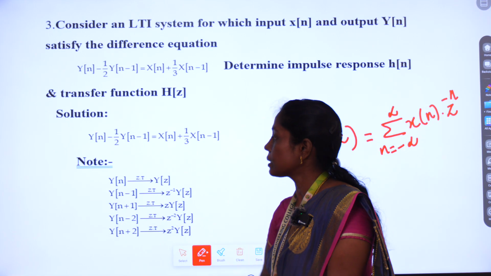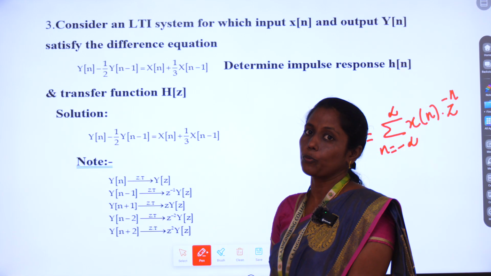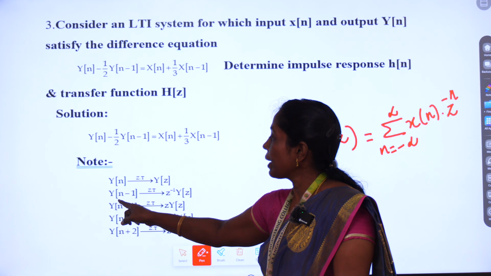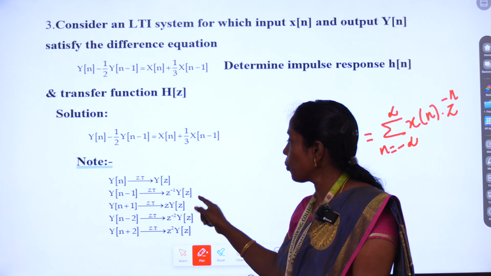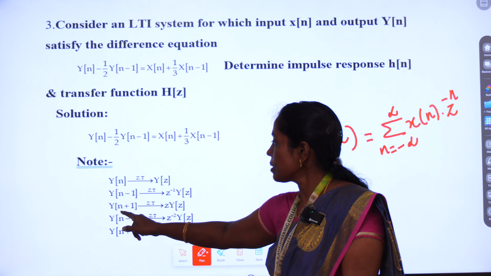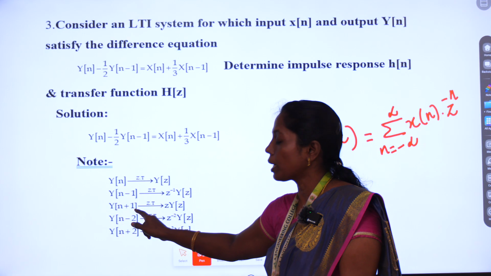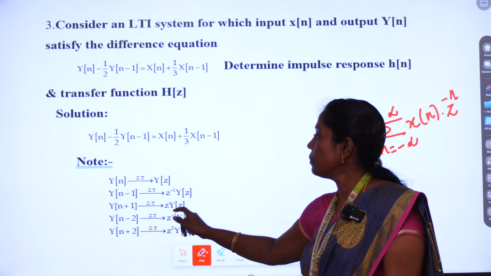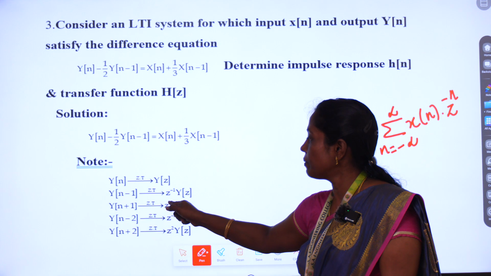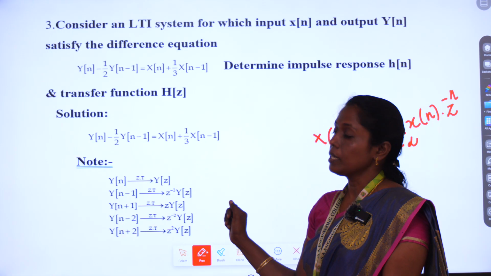If you apply it, y of n minus 1 becomes z inverse into Y of z. Likewise, for y of n plus 1, if you apply the time shifting property, it becomes z power 1 into Y of z.